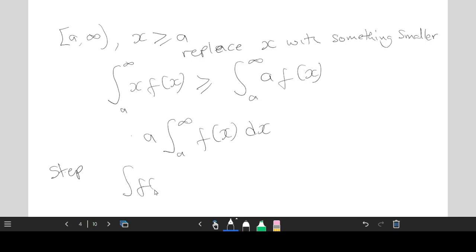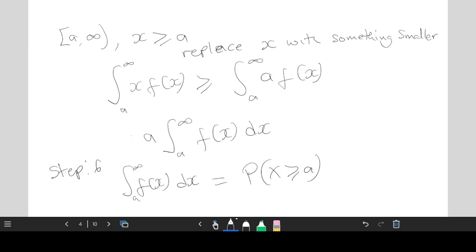The integral of f of x dx from a to infinity is the same as the probability of x greater than or equal to a. If we have this expression from recognition, step 6, the integral of f of x dx will be equal to the probability of x greater than a.